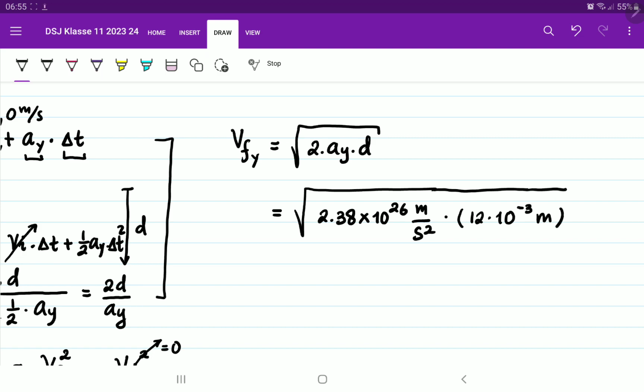So you will get meter squared over second squared, which under the square root will give you meter per second. Now, we combine first 2.38 times 12, and the 10 powers will be 10 to the 23.